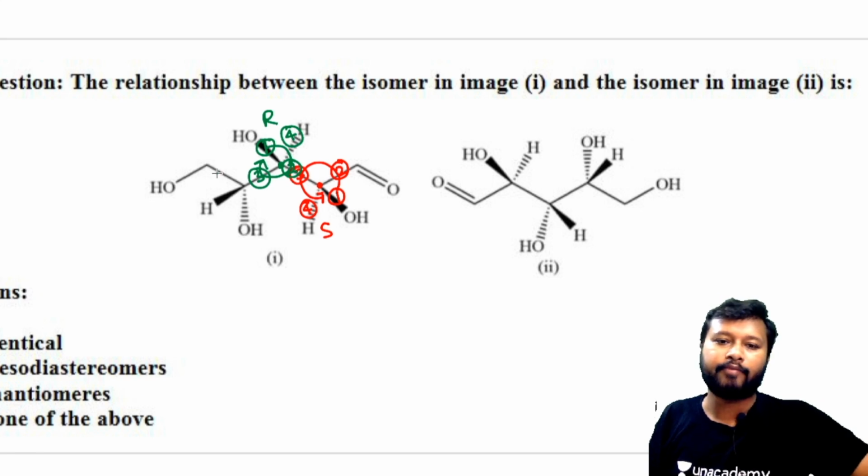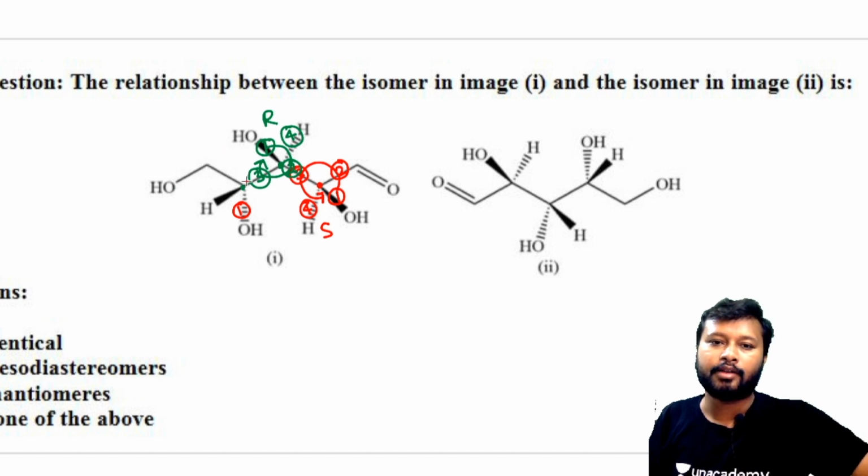Okay, in the same way you have to find out for this particular chiral center as well. Let me change the color. So this is going to be the first priority group. Now this side you have carbon attached to oxygen, hydrogen, and a carbon. This side you have carbon attached to oxygen and two hydrogens.